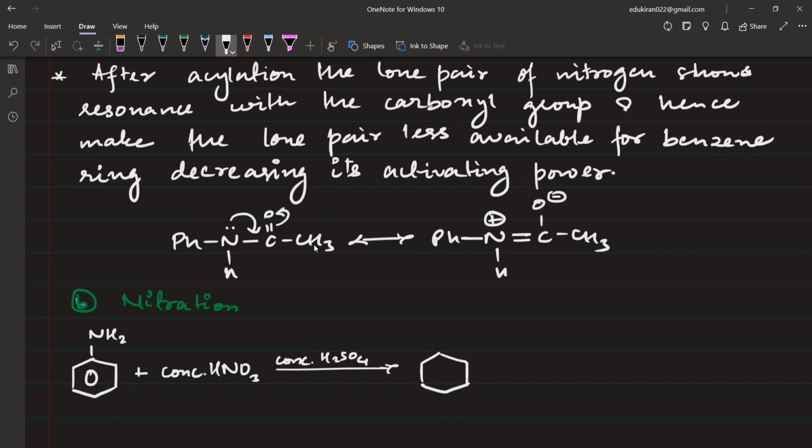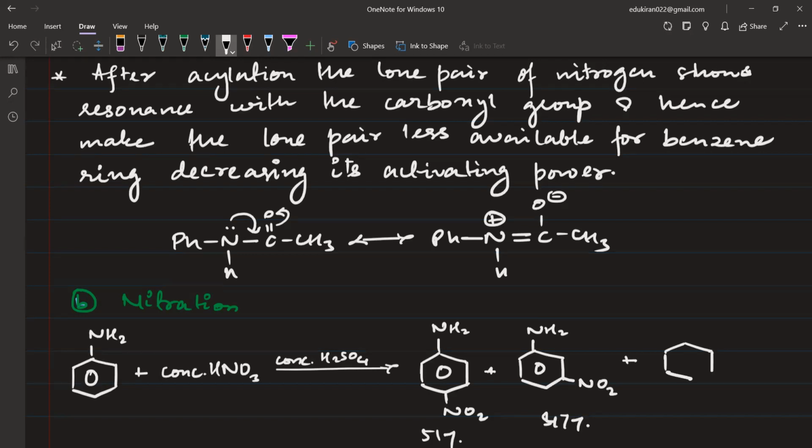Rather than getting two products, ortho and para substituted, we get the highest amount of para substituted product, that is 51%. But the next highest yield is the meta substituted product, not ortho. This is somewhere around 47%. And then we get 2% of ortho product.